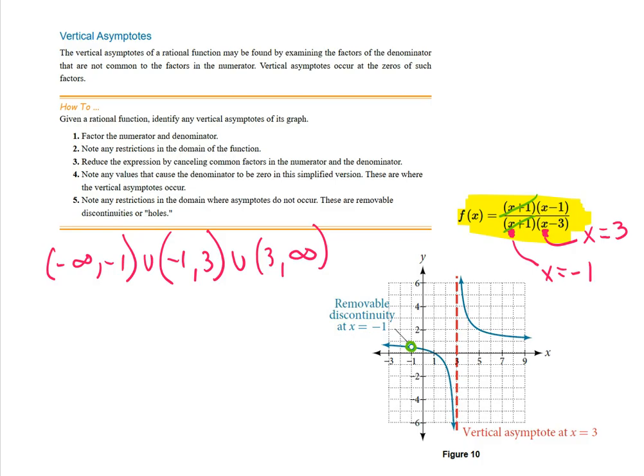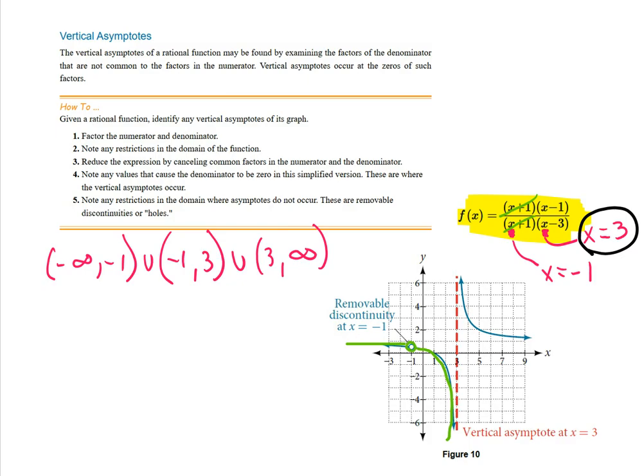It'll go up to -1 and then just jump over it and keep going. So the only vertical asymptote that I really have is at x equals 3, and you can see the dashed line there.